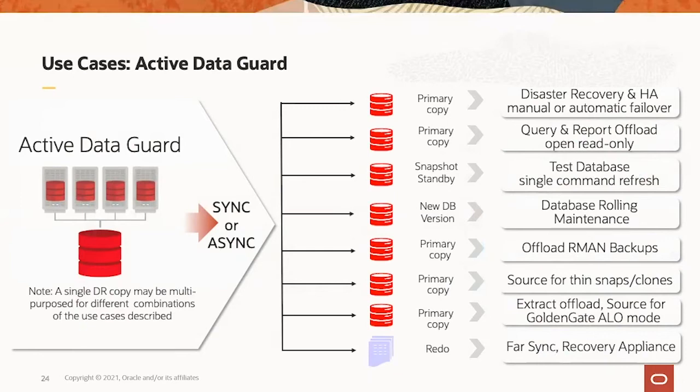Something which is very interesting is that you also could use Oracle Active Data Guard standby databases as the source for your extract of GoldenGate. That means that you don't have to mine your primary database. And why should you? Because the active standby database is an exact copy of the primary database. Pretty useful to offload your workload to the standby side. And of course, regarding redo, we have Far Sync and the CLR.